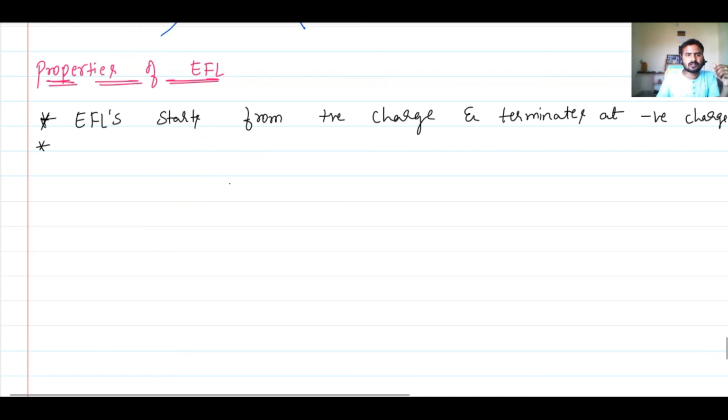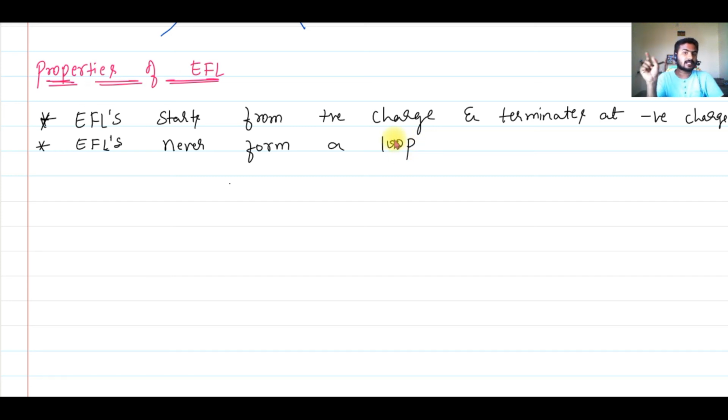That's very important. Electrical field lines never form a loop. Actually, I should write electrical field lines due to charge never form a loop, but electrical field lines due to a varying magnetic field can form a loop.